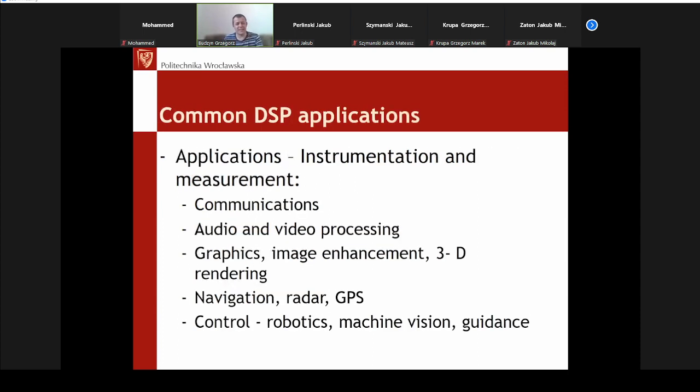Common applications of the DSP. There are many today. We have many digital streams around us, so of course, plenty of application fields.